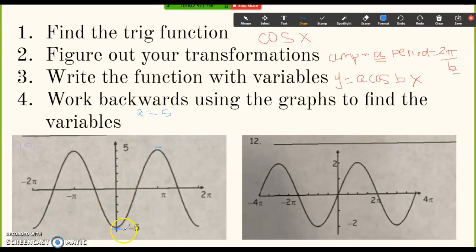However, because my cosine graph is flipped, remember it starts low and it ends low, I know that there's going to be a negative in front of my 5. That reflection is my negative. So this is y equals negative 5 cosine. And then we've got to figure out what this B value is going to be.